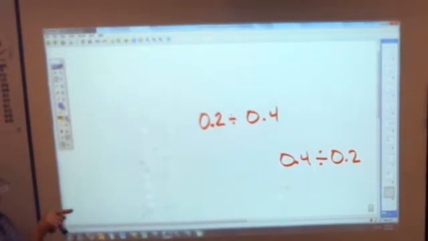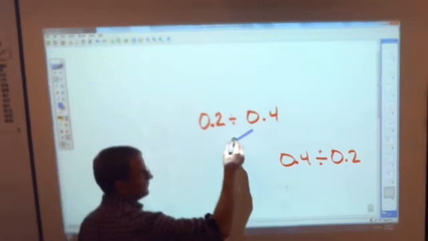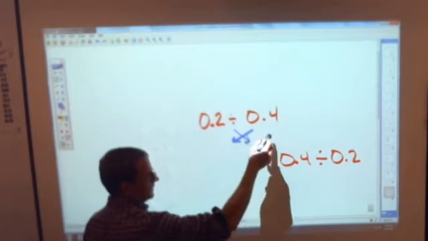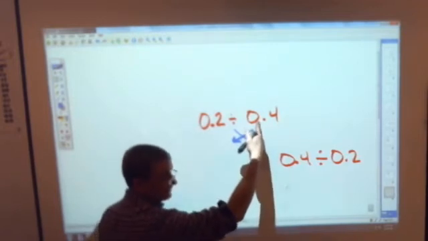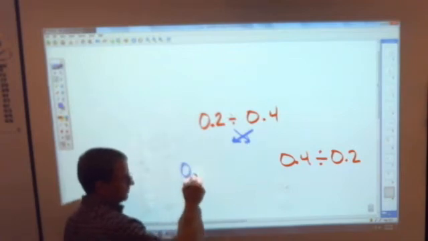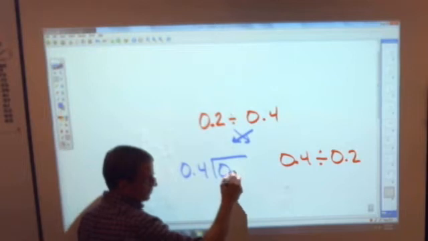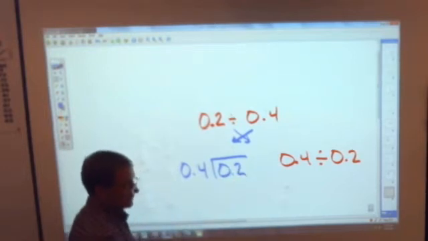Remember, when it's written out in line form like this, when you do the division part of the problem, they flip-flop places. In other words, this one is the one that's the divisor. It's 0.2 divided by that, so when you write it out, it becomes this. The 0.4 goes there, the 0.2 gets put under the little box.